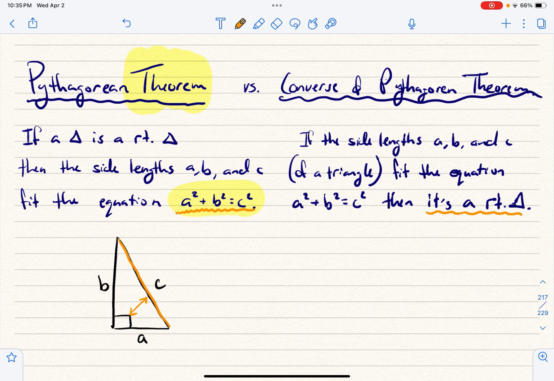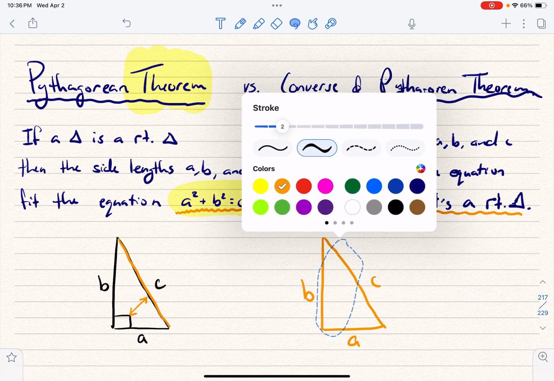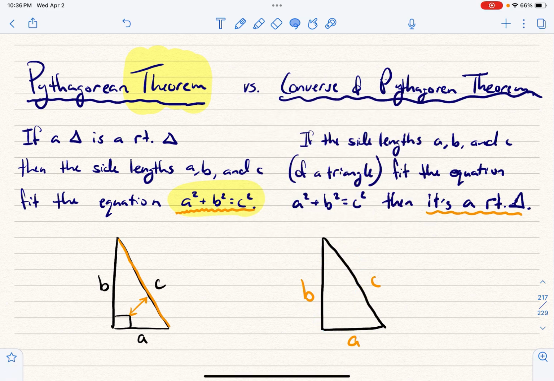Okay, so now what we're looking at is, I have some triangle and I've got the sides A, B, and C, and I'm unsure whether it's a right triangle or not, but I have these sides. We're saying if it fits into this formula, then we can be certain that it is a right triangle.